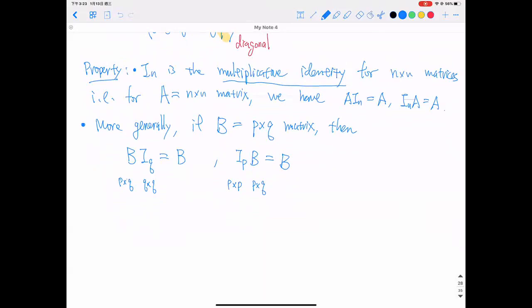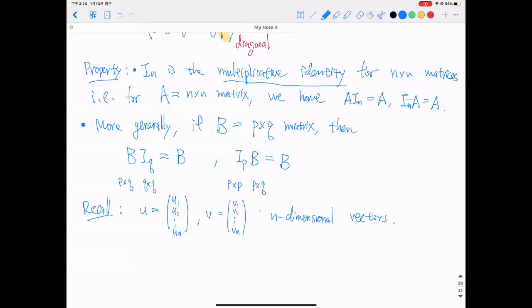Now the next thing to mention is the following. As you recall, suppose we have two vectors in R^n, u = (u1, u2, ..., un) and v = (v1, v2, ..., vn), n-dimensional vectors. Okay.